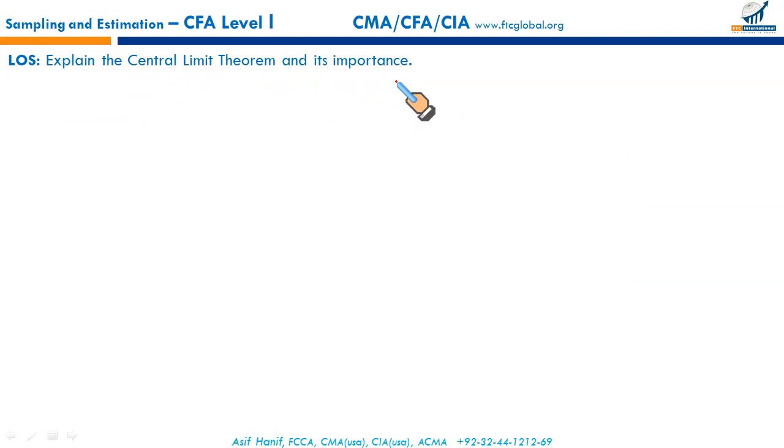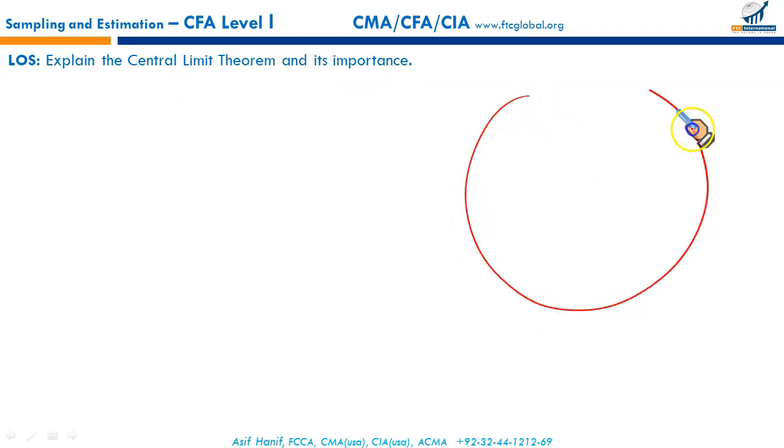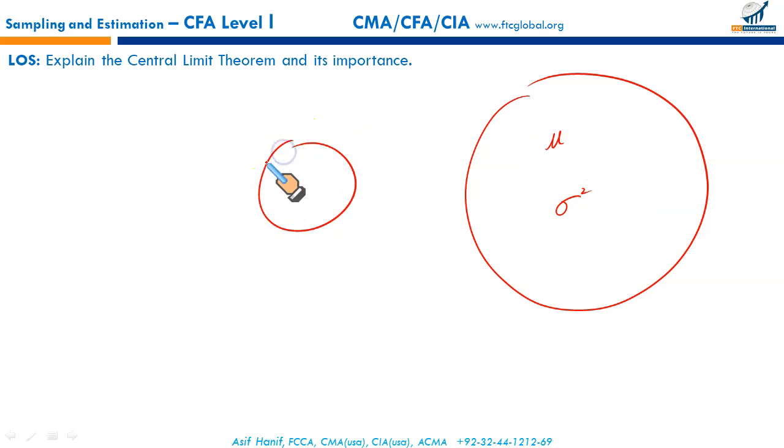Central limit theorem, basically, let's take an example. This is your population with the mean mu and variance sigma square. We select a sample with mean x and a certain variance.